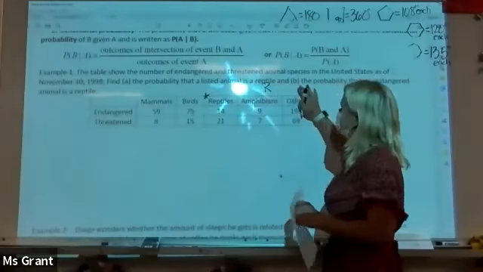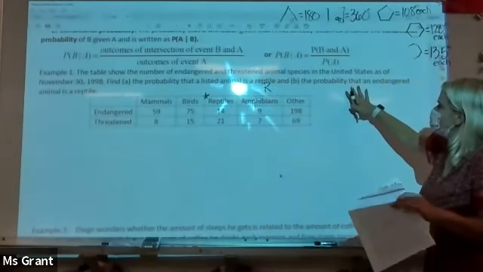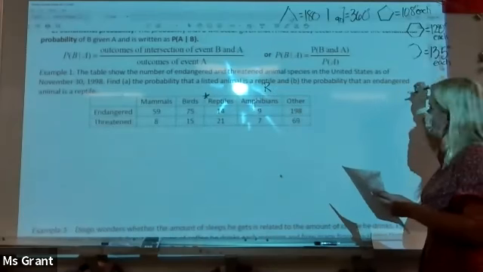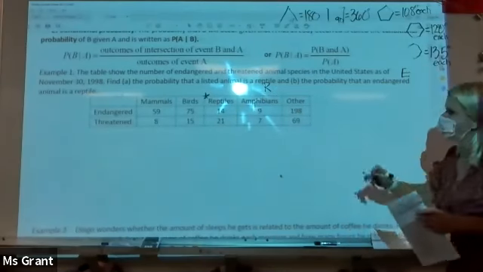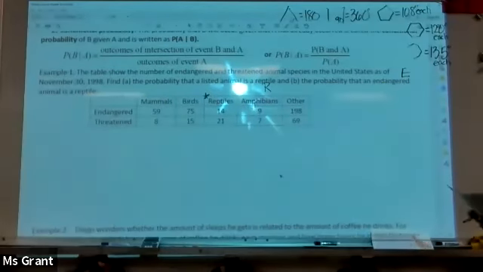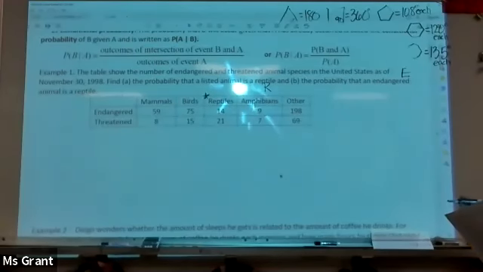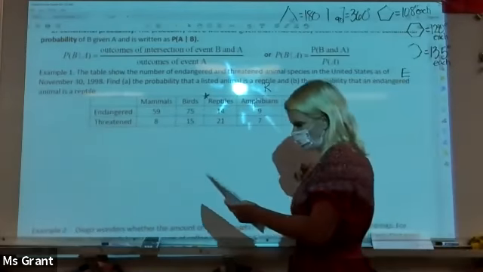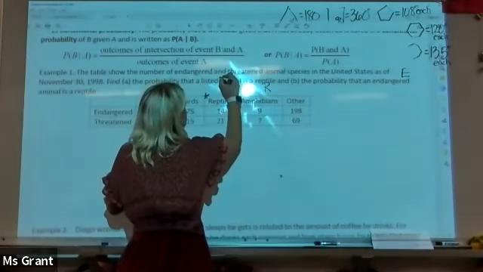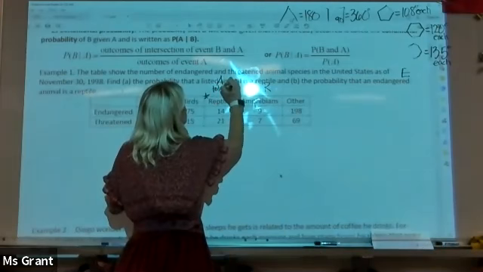And the second part: the probability that the endangered animal, let's call that E, is a reptile. Listed animals are going to end up being my total. I'll call them A for total animals.